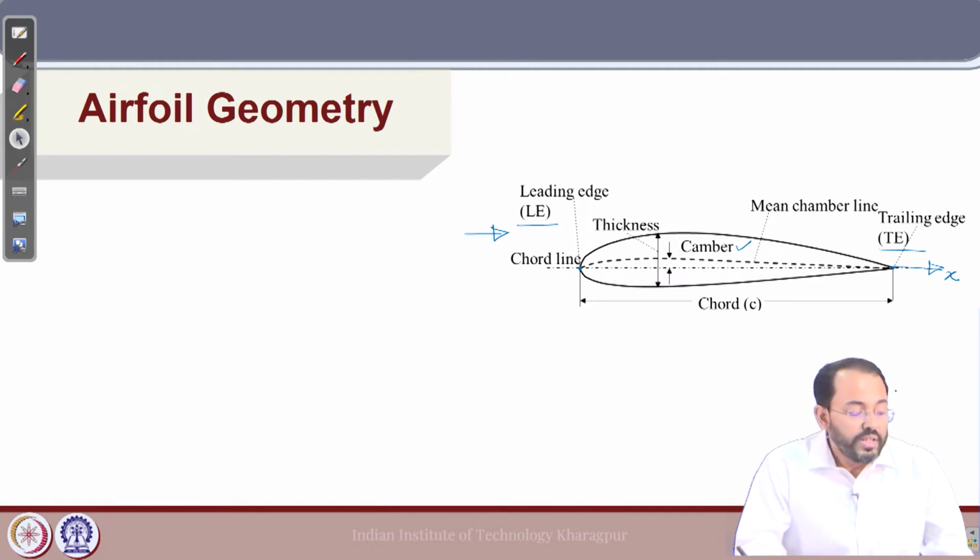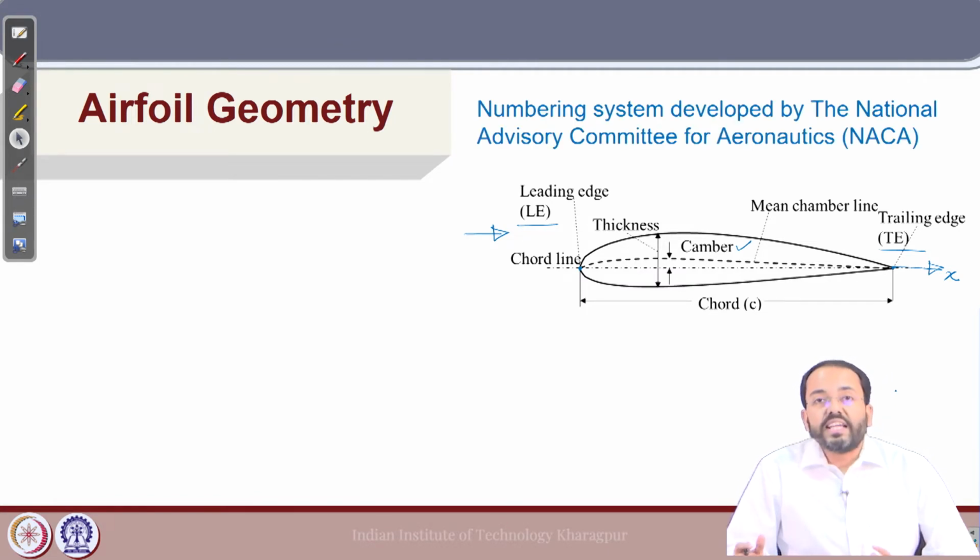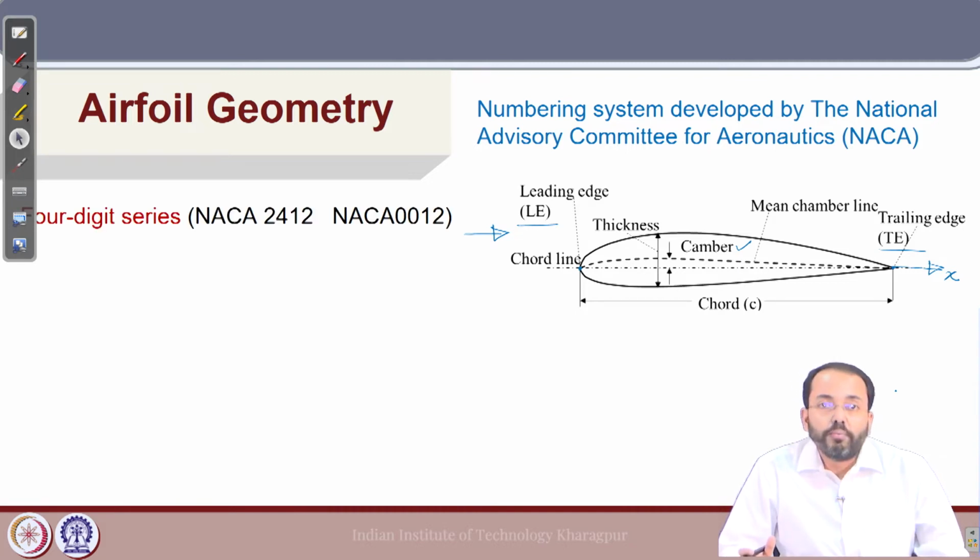Okay. So, the National Advisory Committee for Aeronautics, NACA, have defined certain airfoil sections and given nomenclature based on certain geometrical characteristics of these 2D sections of airfoils. Because we will be extensively using airfoils in naval architecture, for example, in propeller blade sections, rudders, etc., it is good to know some basic characteristics of airfoil sections.